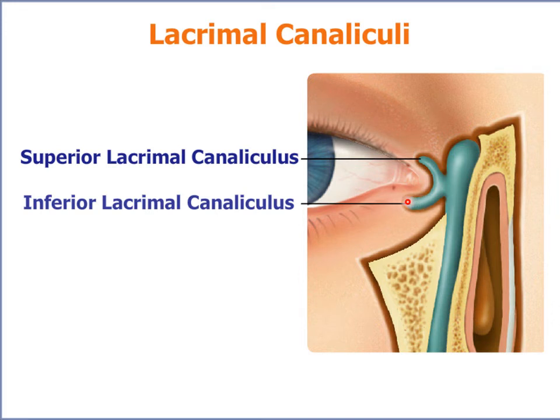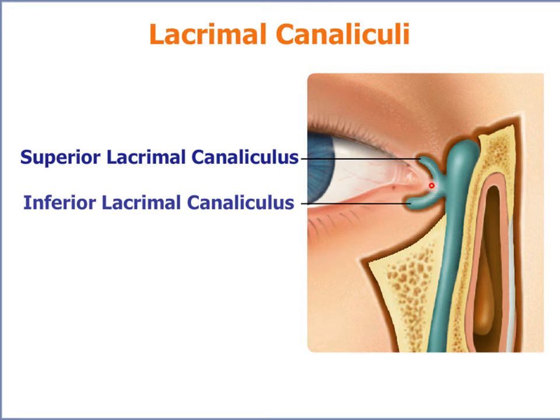It begins at the lacrimal puncta and each canaliculus has a different course. The superior canaliculus runs upwards, then bends, then runs downwards and medially, whereas the inferior canaliculus runs downwards and then bends, then runs medially.